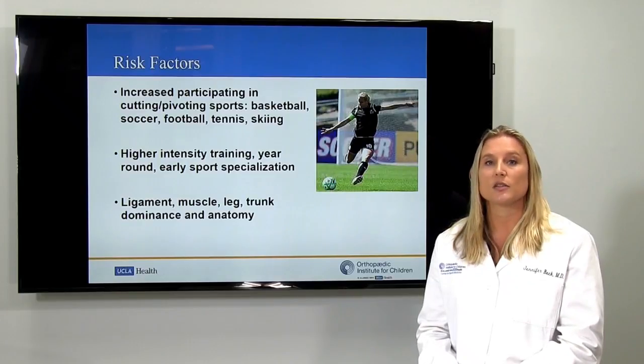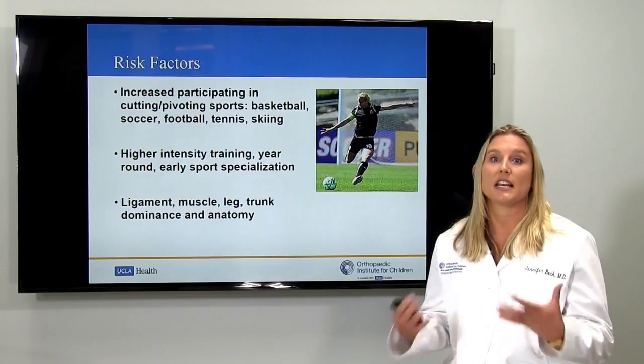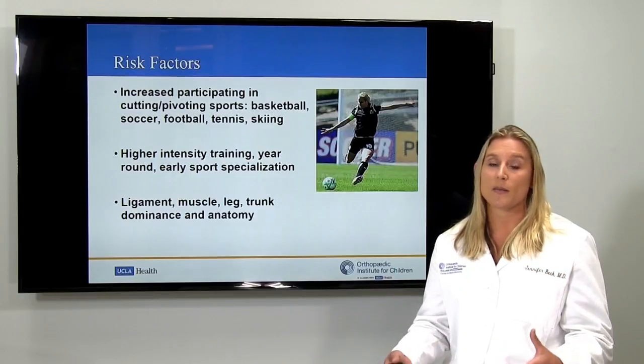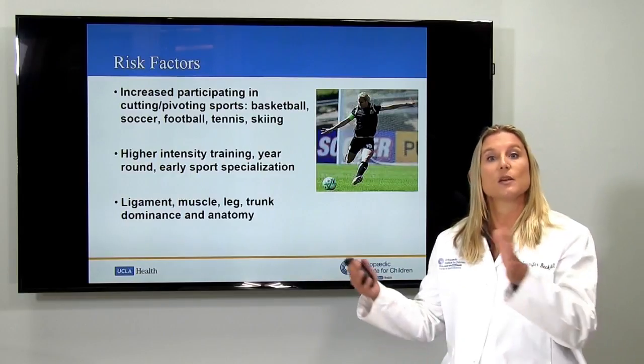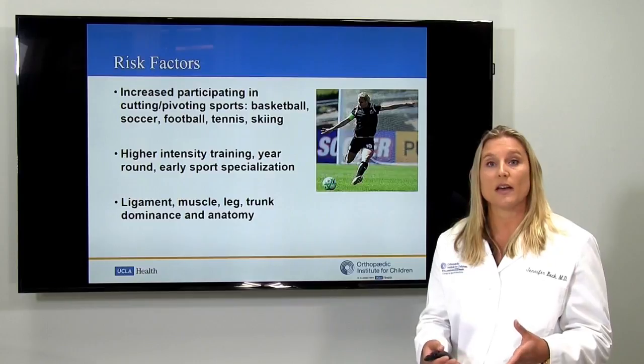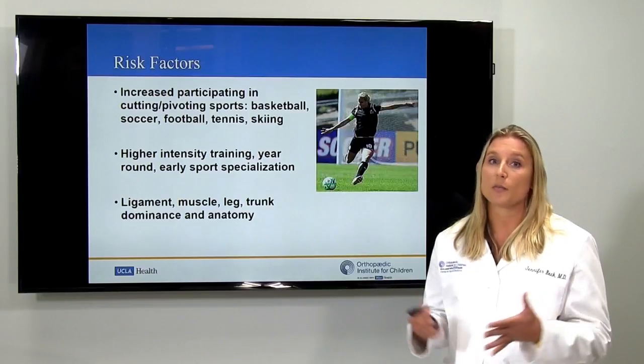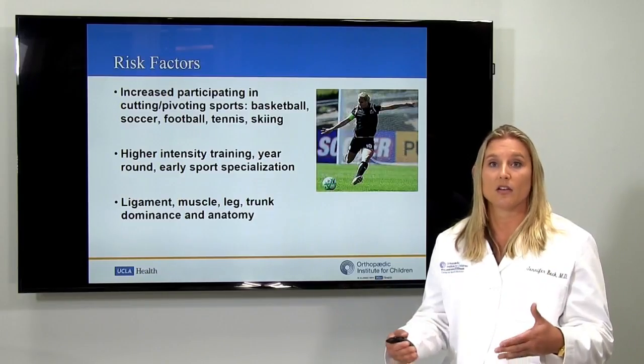Lastly, we do know that there are some biomechanical factors of just anatomy, how lower extremities are developing in kids, some of the differences between males and females, the size of their ligament, the position of their knee, their hip, their ankle. There are some baseline anatomy risk factors that these young athletes have, particularly females, that predispose them to have these injuries. We are doing ongoing research looking at all these risk factors to see how we can modify them and potentially prevent some of these injuries.